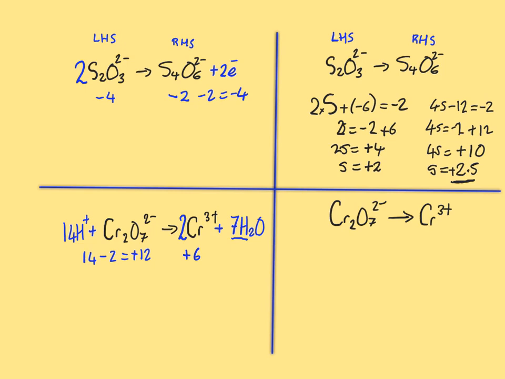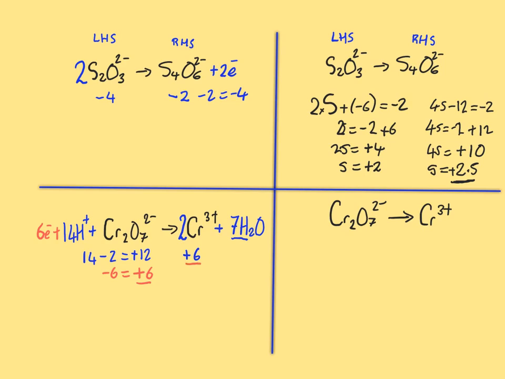And the more positive side in this case is the left hand side. And therefore, we can say that we need to add 6 electrons onto the left hand side, and therefore now take away 6 from this. So if we now take away 6, the overall charge is now equal to plus 6 on the left hand side and the right hand side.